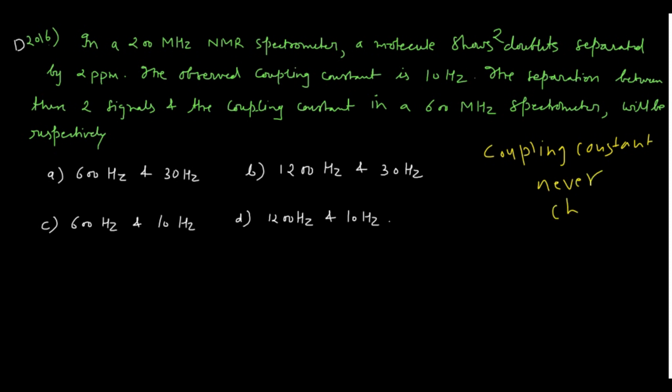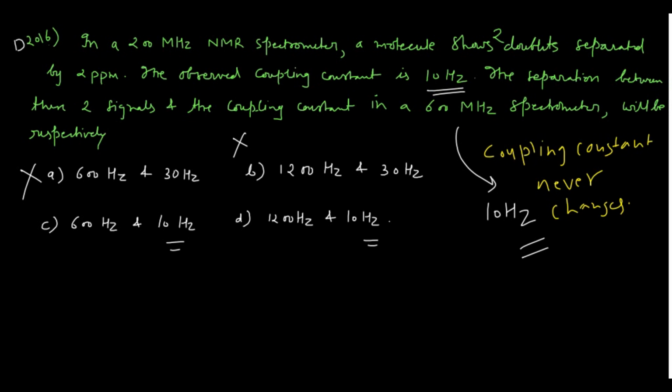That's why its name is constant. So if my first coupling constant is 10 hertz, then in the new spectrometer also I must have the coupling constant of 10 hertz. So a coupling constant of 30 hertz cannot be your answer. A coupling constant of 10 hertz, yes, this could be the answer.